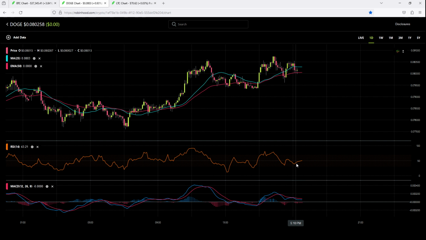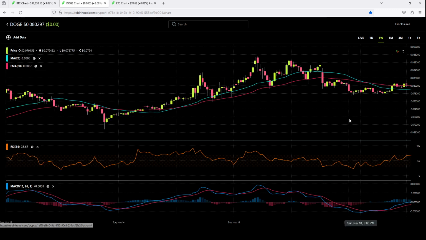There's your RSI, just crossing over 50. And the MACD on the daily, I mean, it follows it, but it doesn't give you the exact signal, I don't think. The weekly is the one that gives you the better pronounced purchasing and selling.